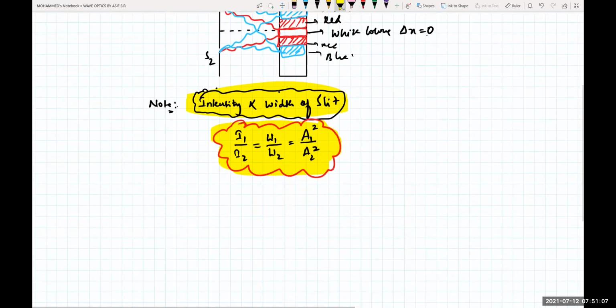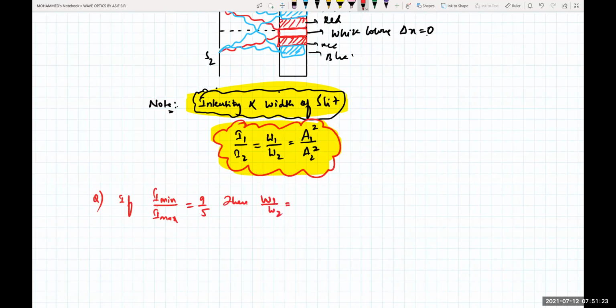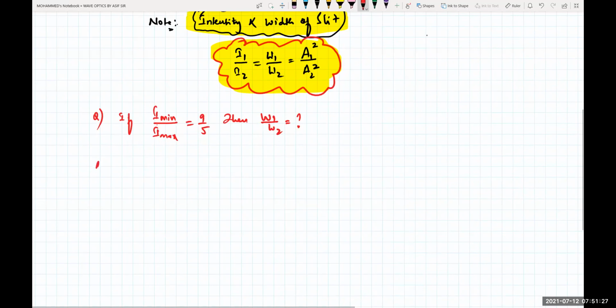I'll give you a rough question right now on this one. Take one small question. If I say that I minima divided by your I maxima is equal to 9 by 25, then W1 by W2 is equal to how much? Okay, we know the I max and I minima formula already from constructive and destructive interference, beta.